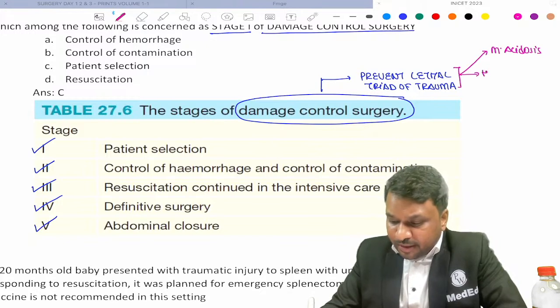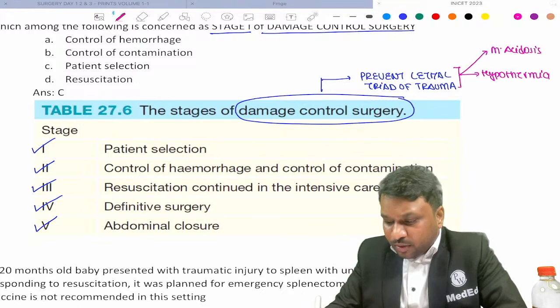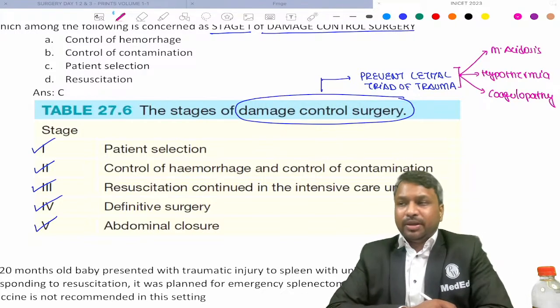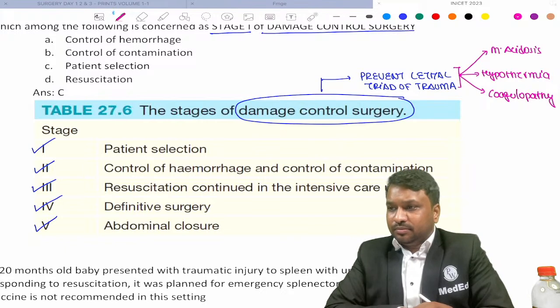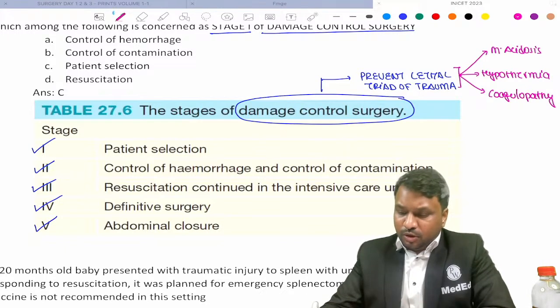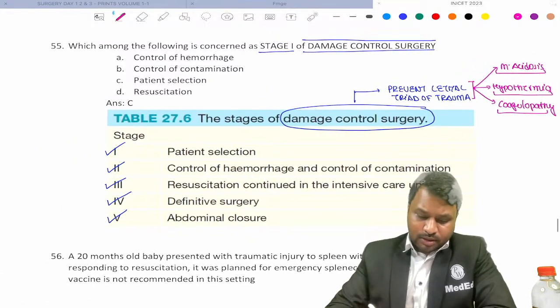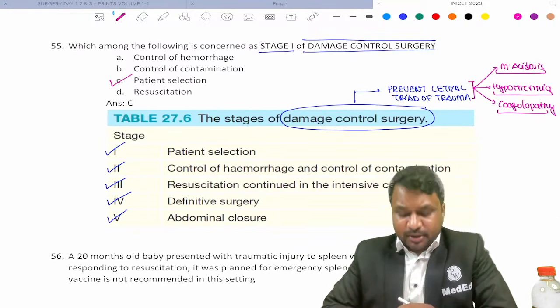There will be presence of hypothermia, resulting in coagulopathy. So, metabolic acidosis, hypothermia, and coagulopathy. So, the answer here is going to be patient selection. C for Calcutta.